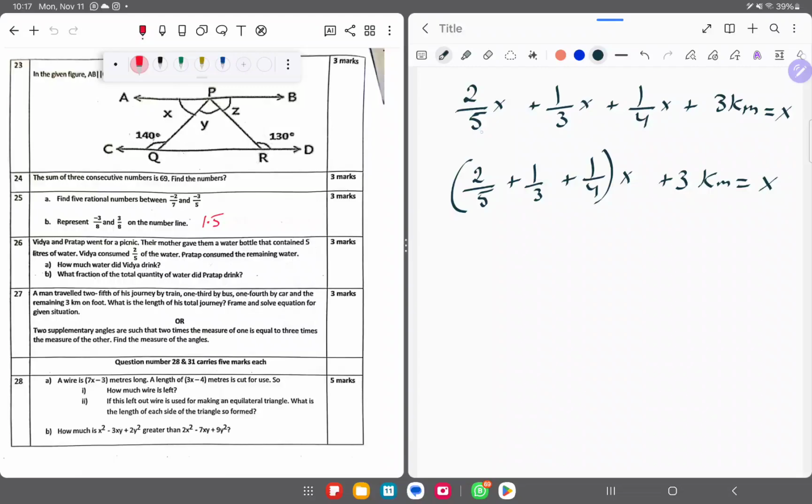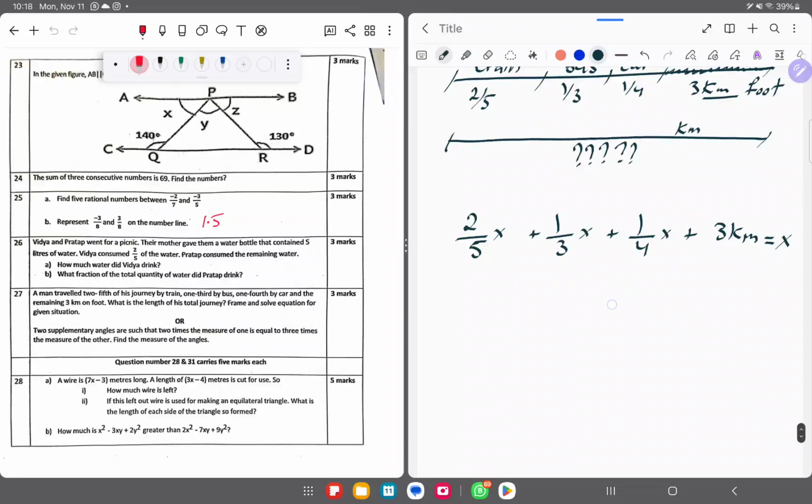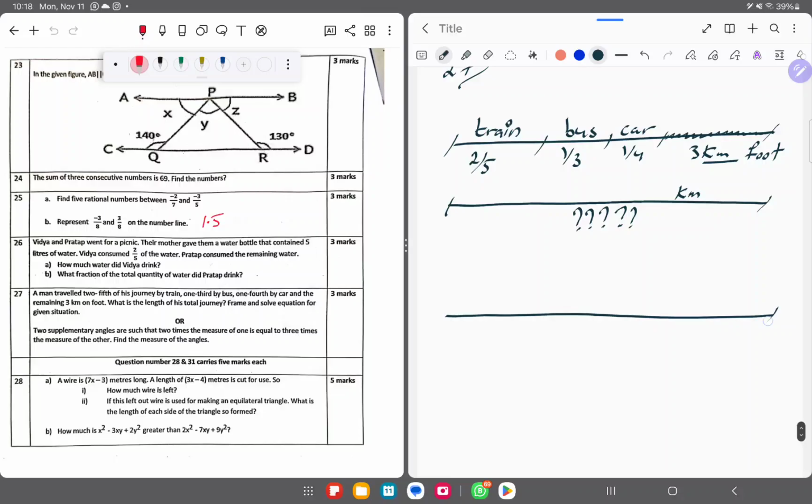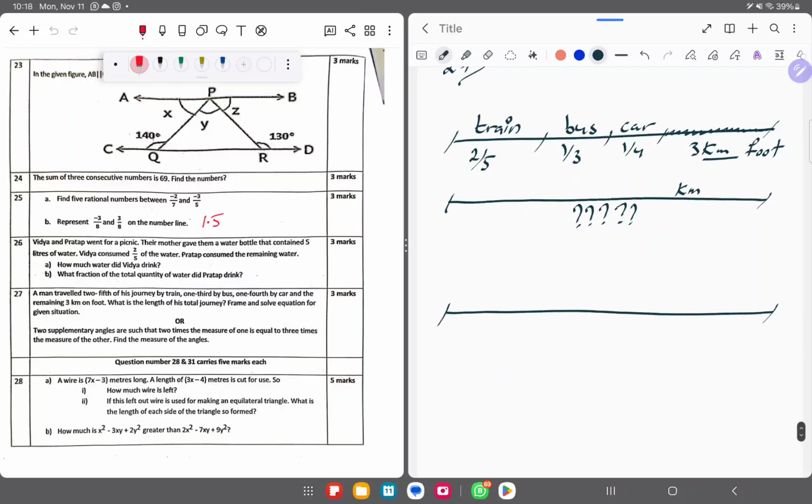This is 2/5 of the journey, plus, is equal, okay. So over here, 2/5, 1/3, 1/4. No, why am I doing this? There's something wrong. I need to try and draw it properly. 2/5 of his journey.